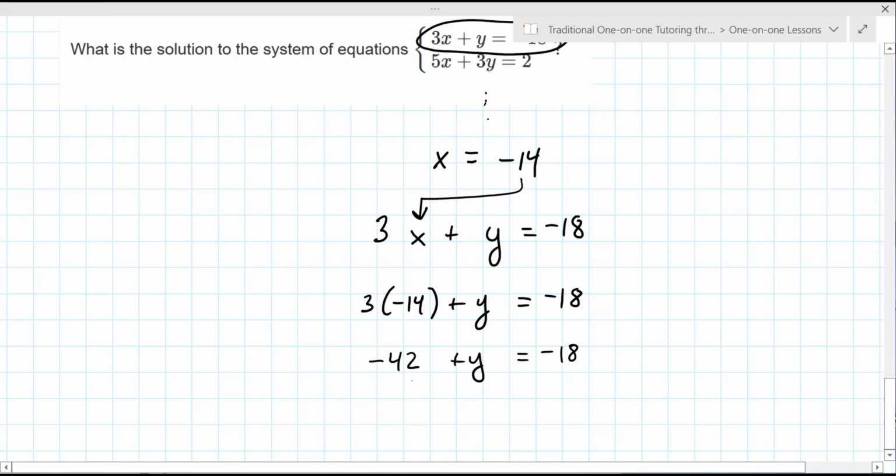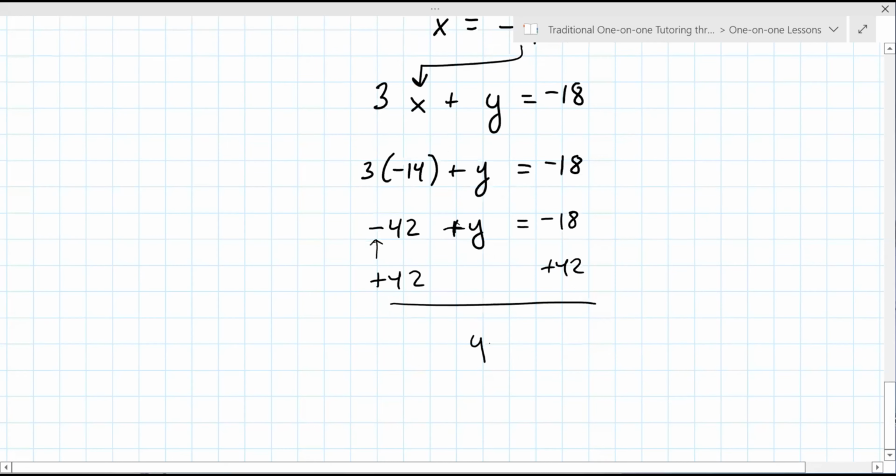How do we undo this negative 42? It's not dividing. What math operator do you see here? I know I said negative, but what is it also? Adding. Positive. Yeah, so you can add 42 to undo it.